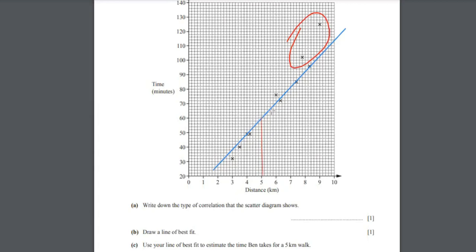You will put a dotted line over here, and then put a dotted line over here like this. So it is almost 60 minutes. So the time is 60 minutes.